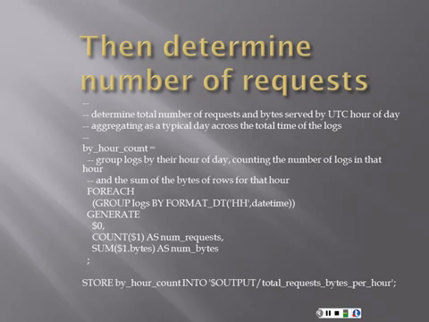If we just wanted the raw count, we could take out this line of sum right here. If we just wanted a sum, we still have to leave the count in there, because the count is how it's going to sum off of and average all this stuff. And then store by hour count into the output as total request bytes per hour. So we have an output file that this is going to be dumping into your S3 bucket as well.